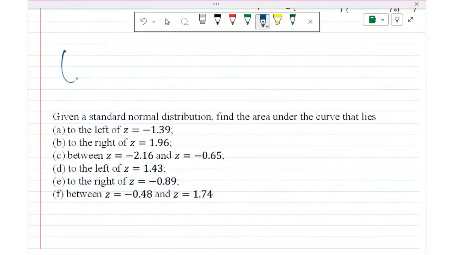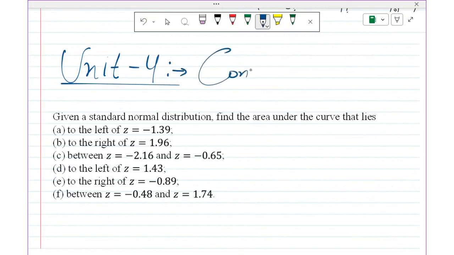Unit 4. In Unit 3, we have discussed the discrete probability distribution. In Unit 4, we will discuss continuous probability distributions.